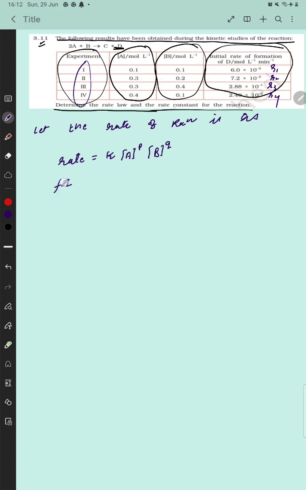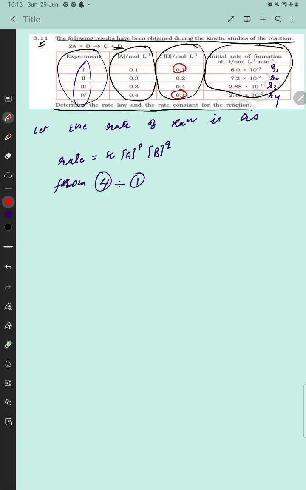We can go from 4 to 1. We are dividing equation 4 by 1. Till now I didn't make the equation, but here you see why I am taking 4 and 1: because in 1 the 0.1 and 0.1 can be easily cancelled out.